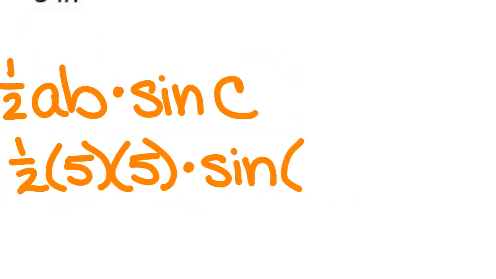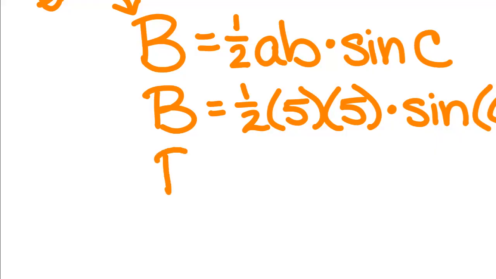How big is the angle in between my 2 sides? 60 degrees. All right, now we need to grab our calculators. We're going to do 1/2 times 5 times 5 times the sine of 60 degrees. What do we get?